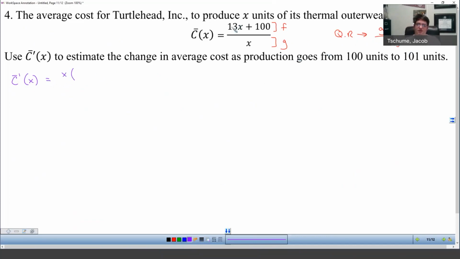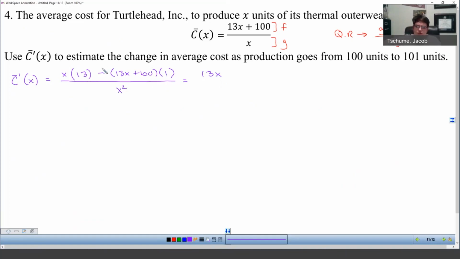So if I go through and take the derivative using the quotient rule, this would be G, which is X, times the derivative of f, which is 13, minus my f function, which is 13x plus 100, times the derivative of g, which is just 1, all divided by g squared. If I multiply out what's on top, you should get a 13x.